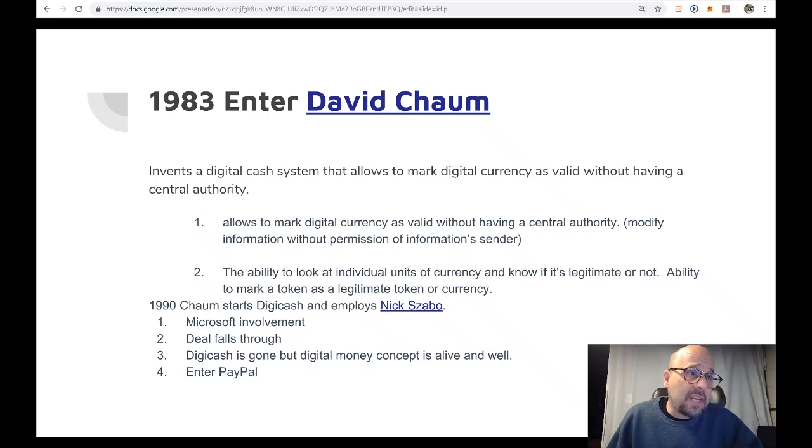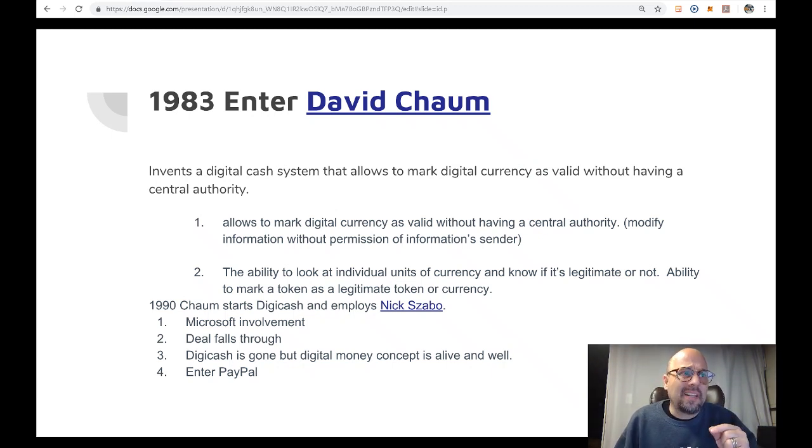And so they actually inked a deal with Microsoft, believe it or not. And so they started working on creating this digital peer-to-peer spending functionality, and it was going to be included in all Windows desktops, much like what you see with Outlook and Internet Explorer and things like that back in those days.